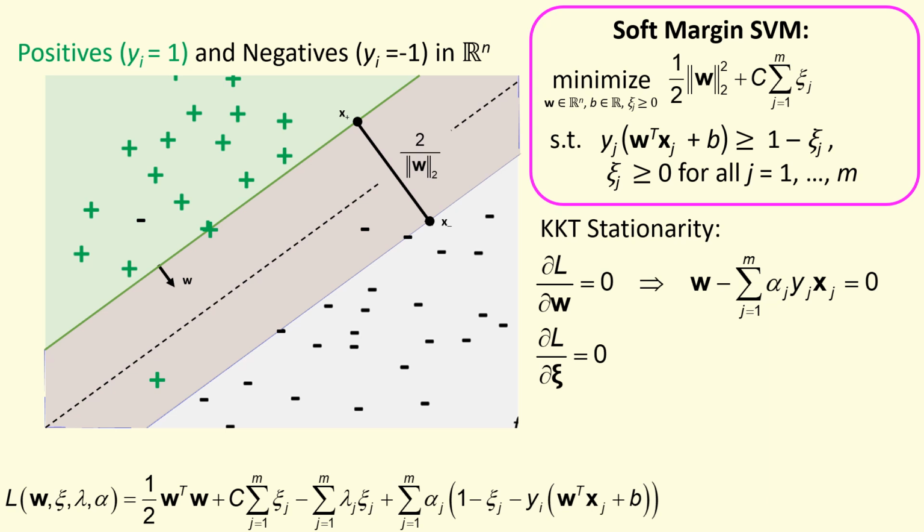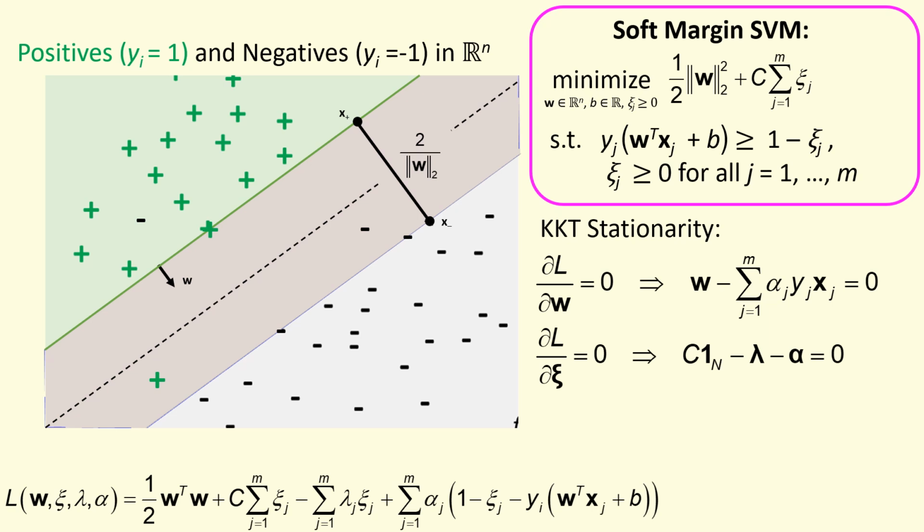We also take the derivative with respect to the slacks. But if you look down there, we have slacks, they're all to the first degree, and they're in the final three sums. So that's going to give me C times the 1 vector, and then minus lambda and minus alpha as vectors.